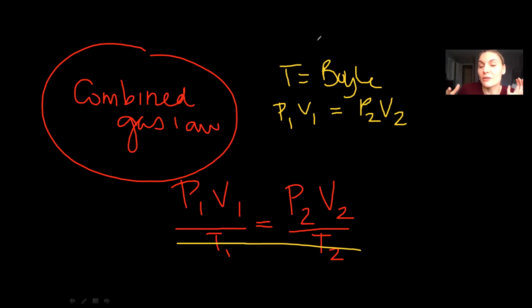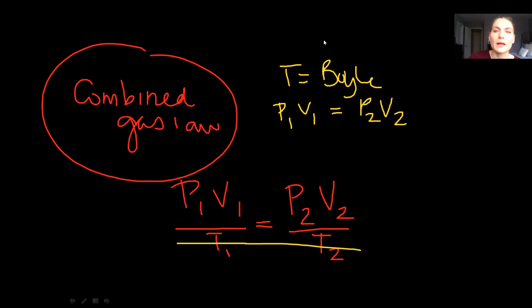Or again, they could give you the final pressure and volume and the initial pressure, and they want to know what the initial volume was. But there is an inverse relationship between these: as pressure goes down, volume goes up, and vice versa. When pressure is up, volume is down. So that's Boyle's law. Again, we'll practice this here in just a minute.